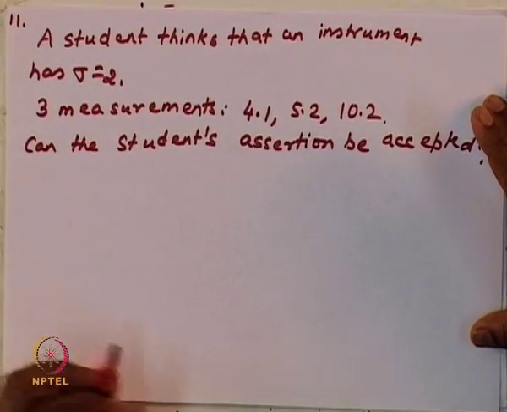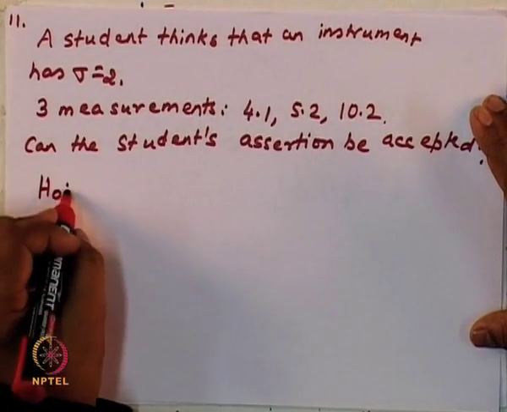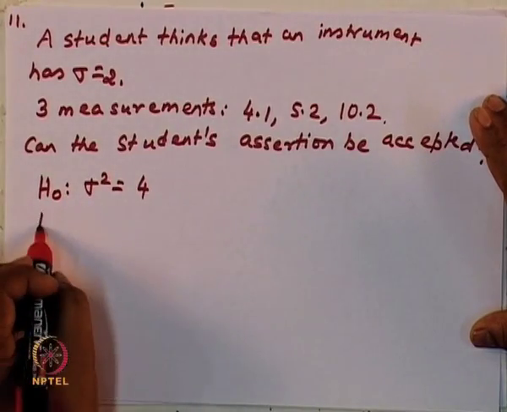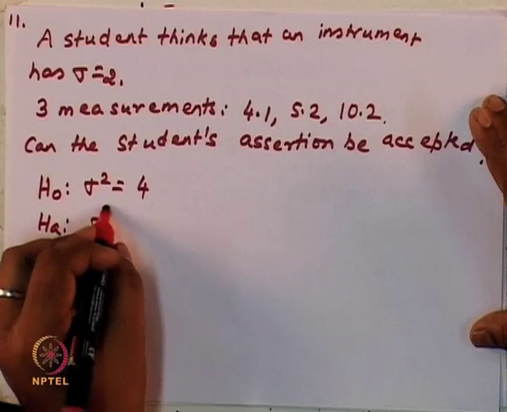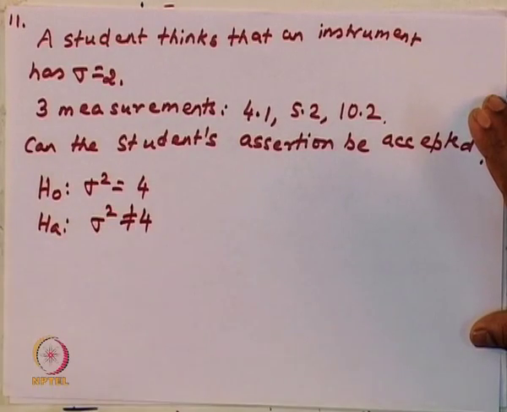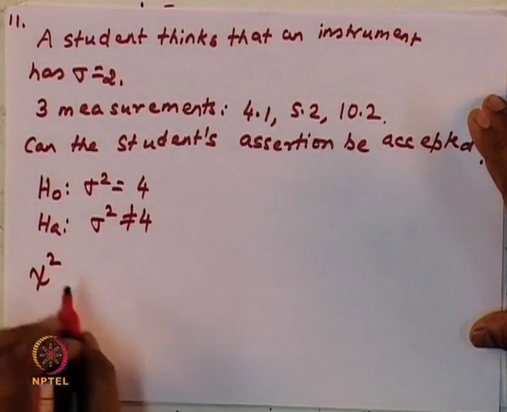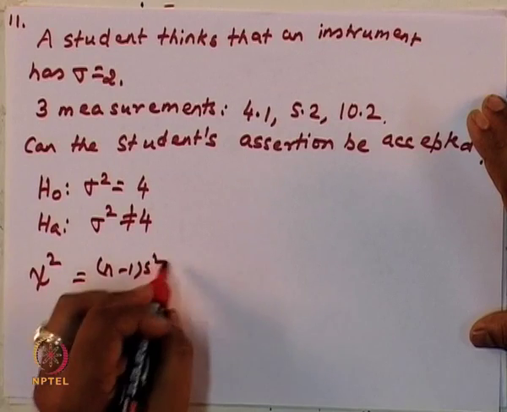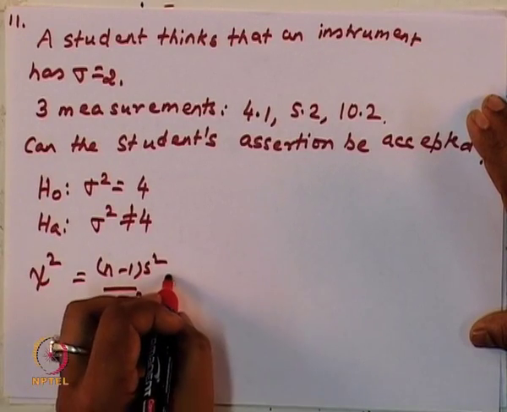Okay. So, what do we do? Our H naught is sigma square equal to 4. Okay. Alternative hypothesis is sigma square not equal to 4. Okay. So, my chi-square value is (n minus 1) times s square by sigma square. Okay.